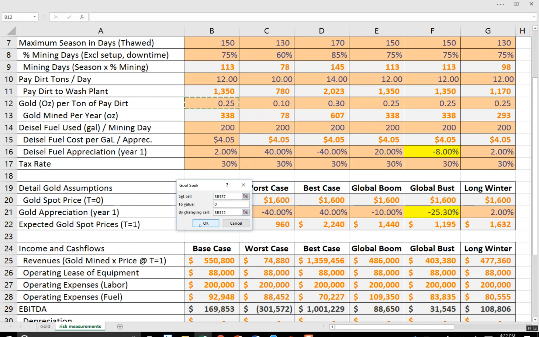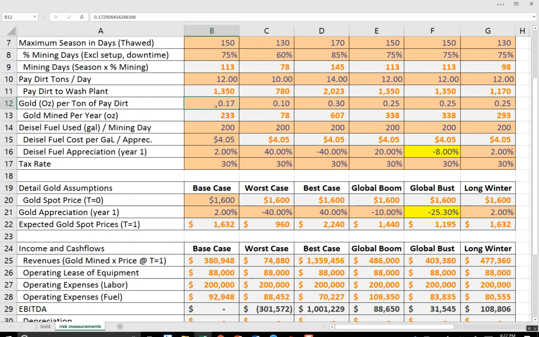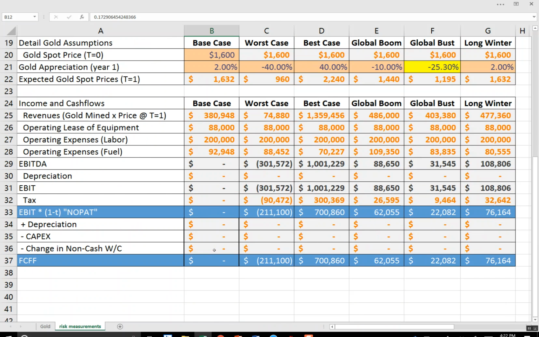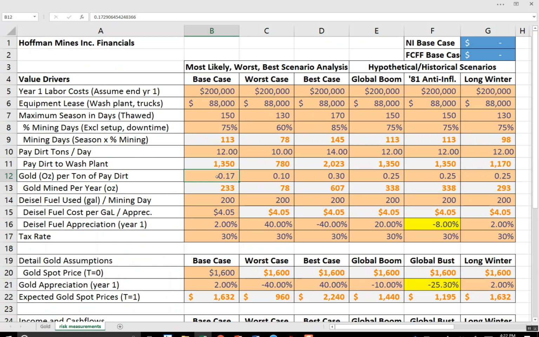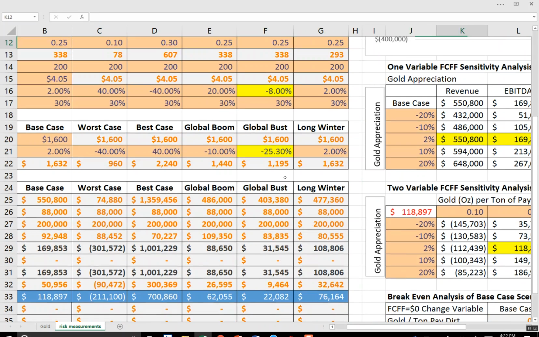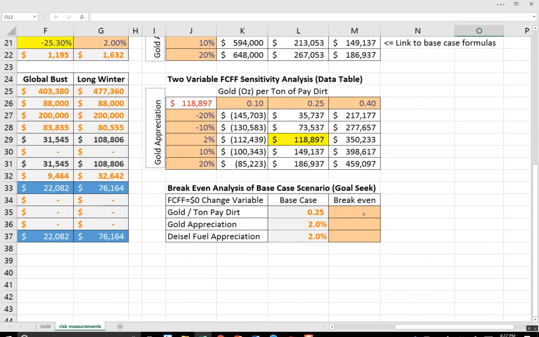There's my 0.25. I'm going to hit OK, and it looks like at 0.17 ounces gives me free cash flows of 0. I'm going to change that back to 0.25 because that's my base case, but I'm going to type in that number, 0.17. That's my break-even gold content.